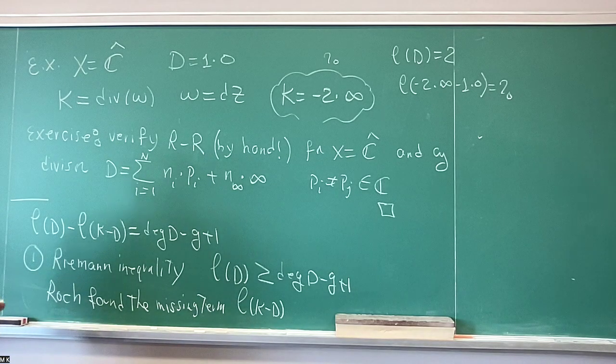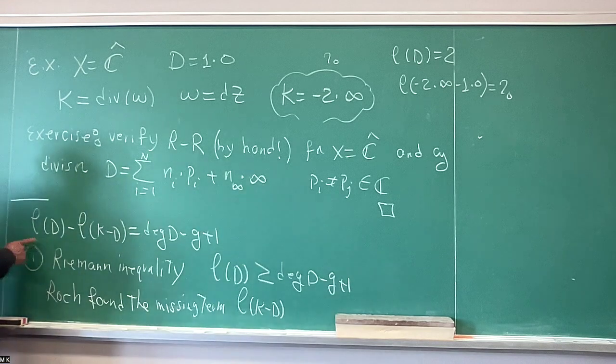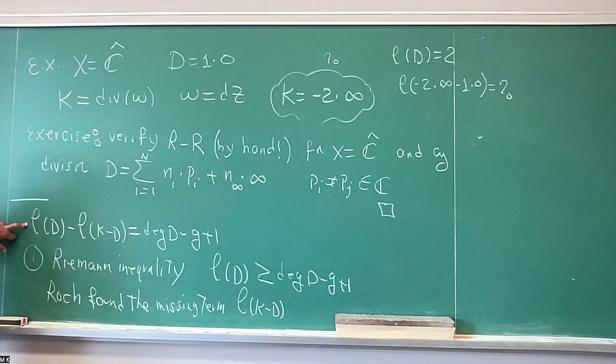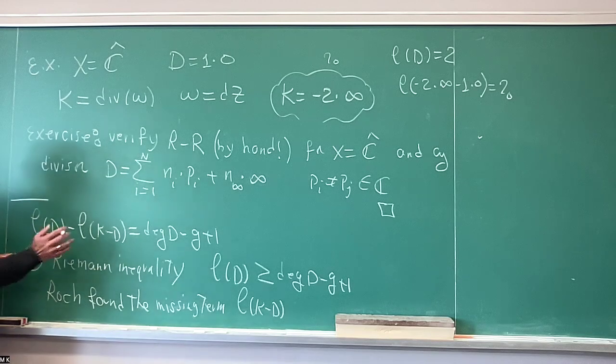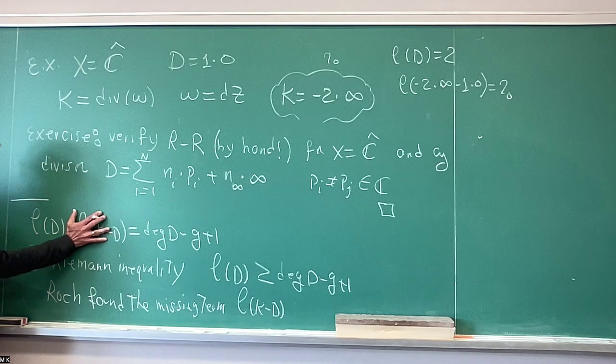Now, it's quite annoying to have the difference, because what one would love to have is an expression for the dimension of a space of meromorphic functions that satisfy some conditions, because that's the goal. You want to count the dimension of a space of certain types of meromorphic or holomorphic functions. So if you could have a formula for L of D itself, that would be fantastic.